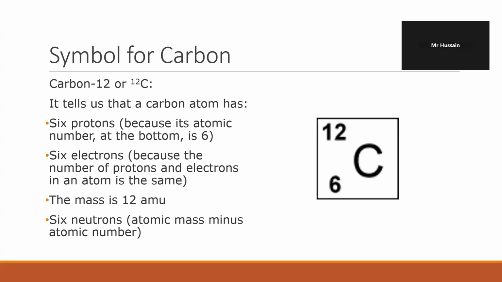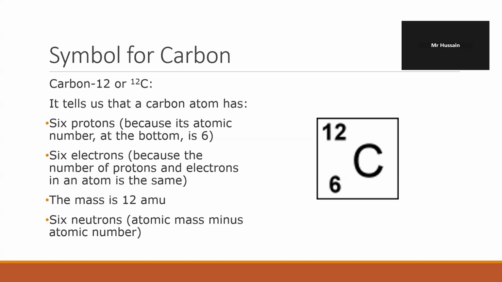Look at this diagram. There are two numbers, one given on the left side of the carbon as a subscript, one number given on the top left side as a superscript. Number 6 indicates that C, or carbon, has 6 protons. And we know carbon has 6 electrons as well, because the number of protons and the number of electrons are always equal.